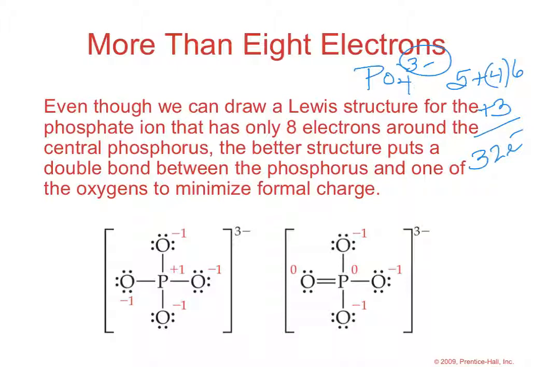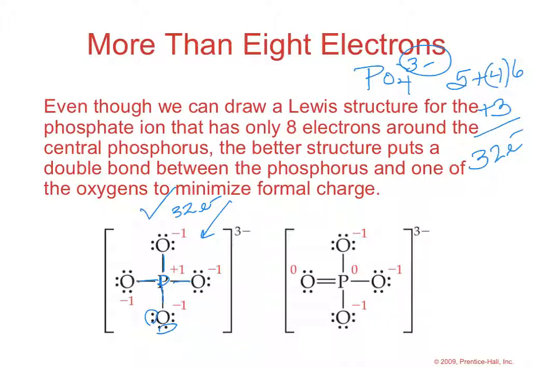So you start out with this structure, right? You put phosphorus in the center, draw single bonds to all the oxygens, give all the oxygens an octet, and at this point we have used all 32 valence electrons. So you might originally look at this structure and say, okay, looks good to me, everything has an octet.